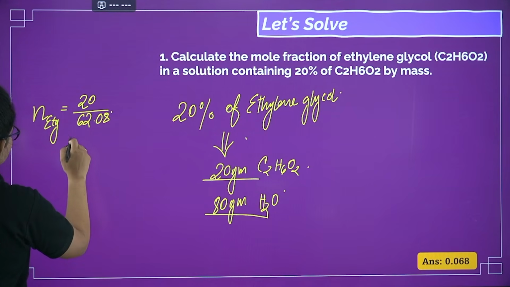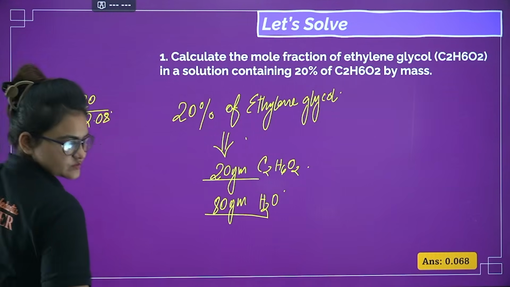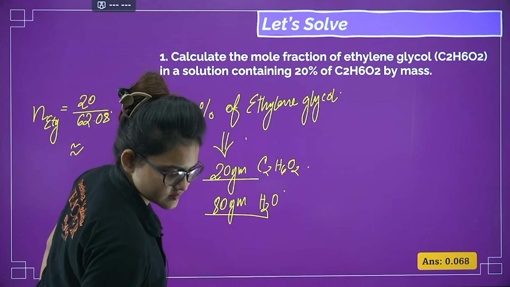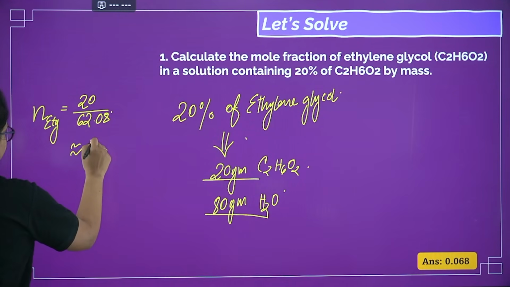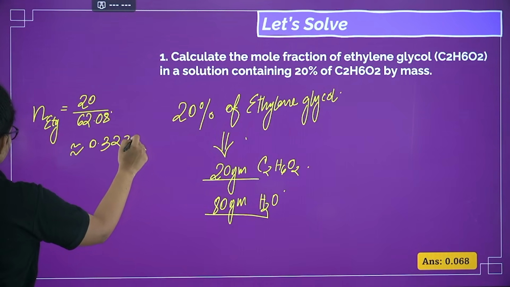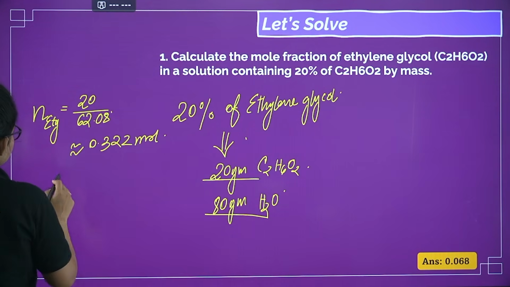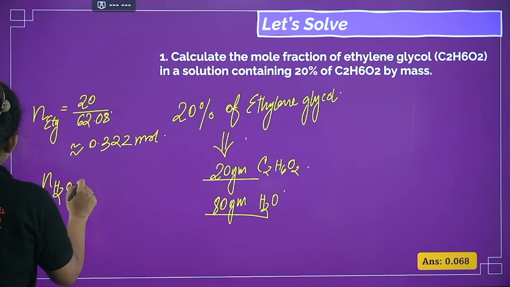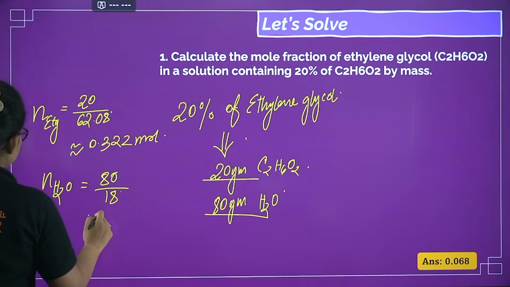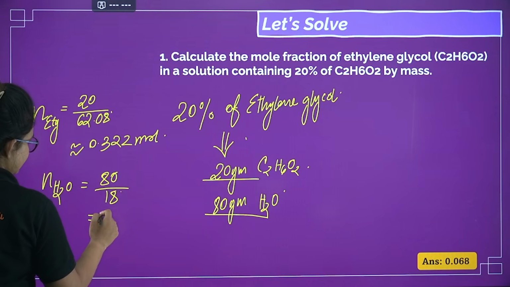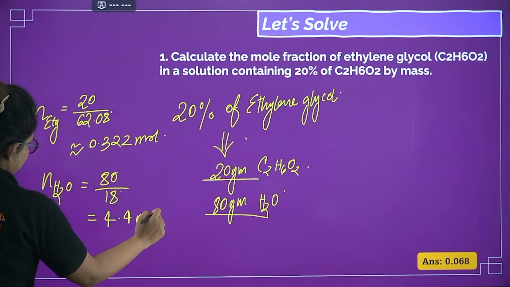Now if you calculate this, you will get almost something like 0.322 mole. Now if you calculate for water as well, it will give you 80 divided by 18, so that will give you something like 4.4 mole.